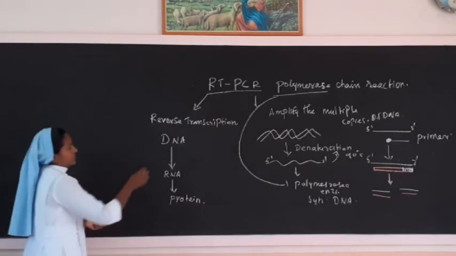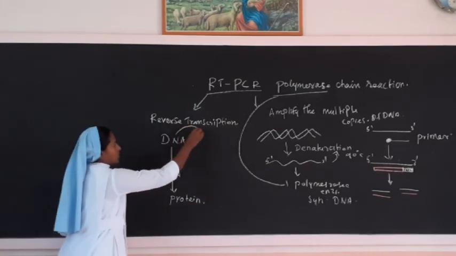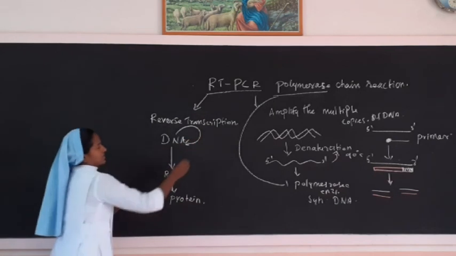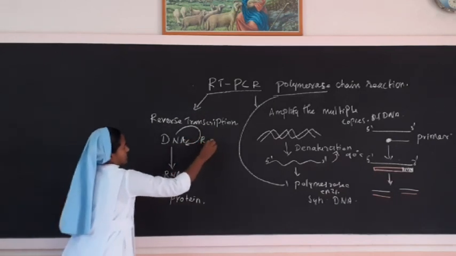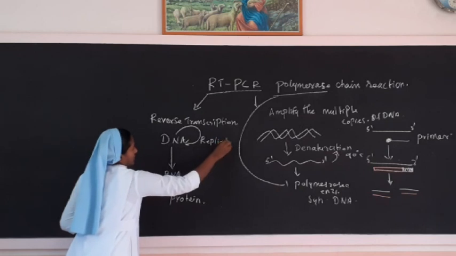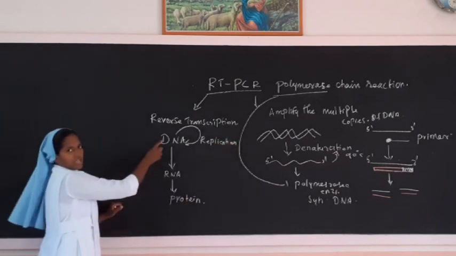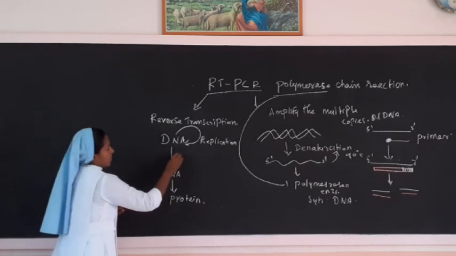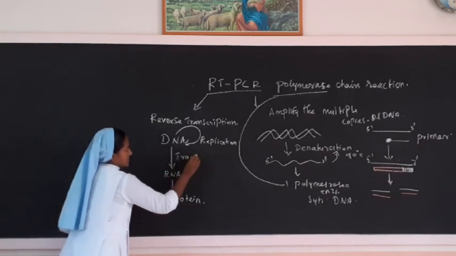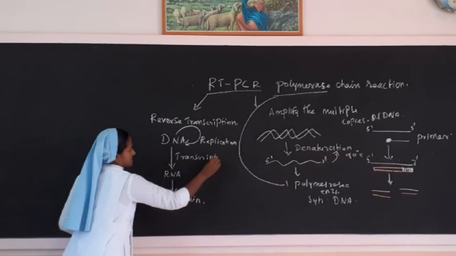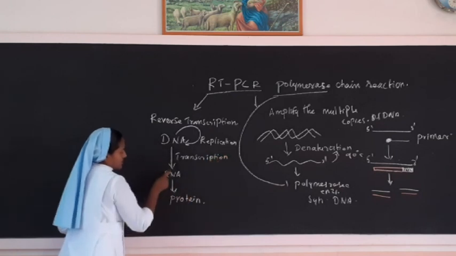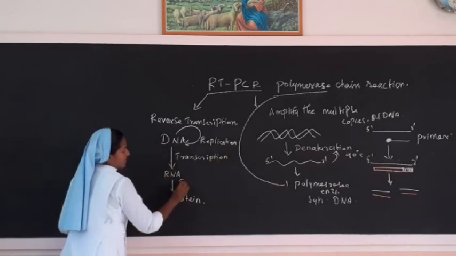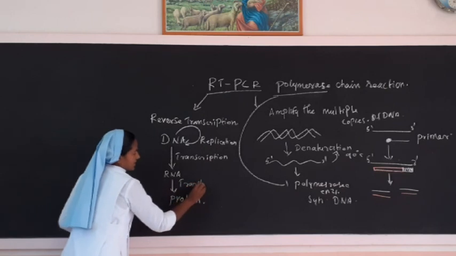If the DNA is making its own copy, we call it replication. If the DNA is making RNA, we call it transcription. If the RNA is converting to protein, we call it translation.